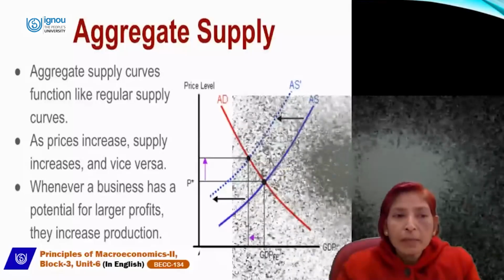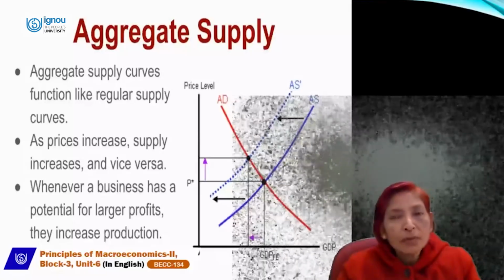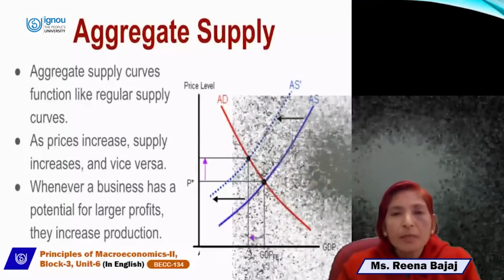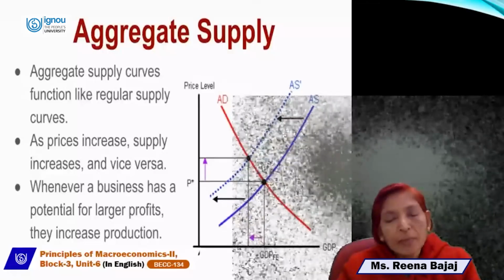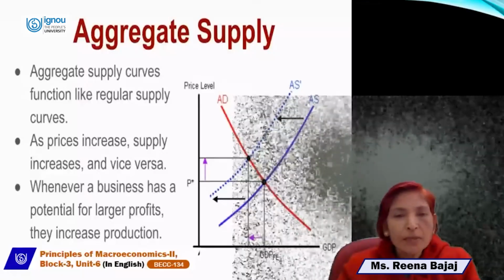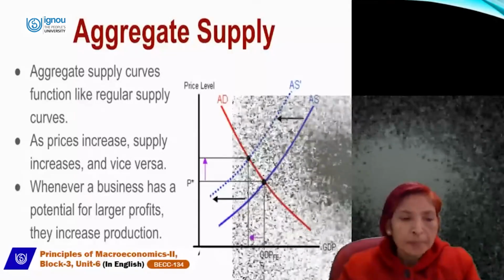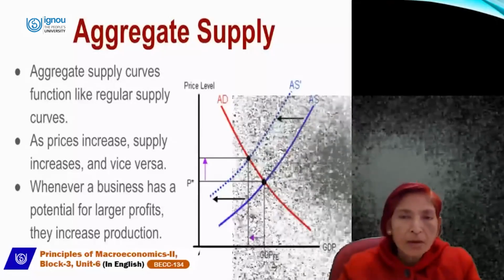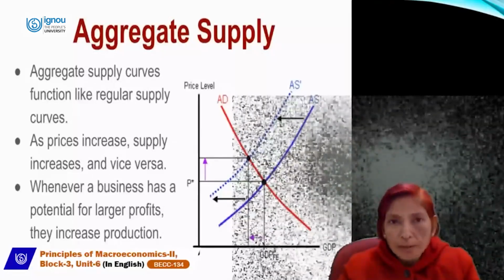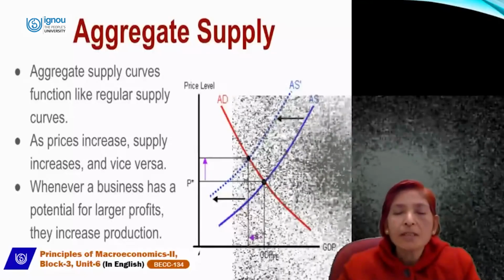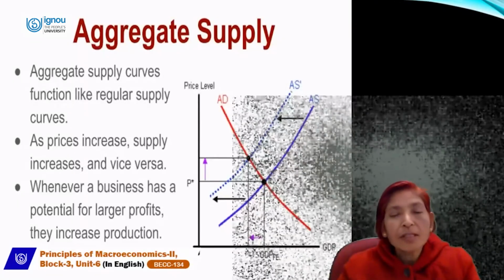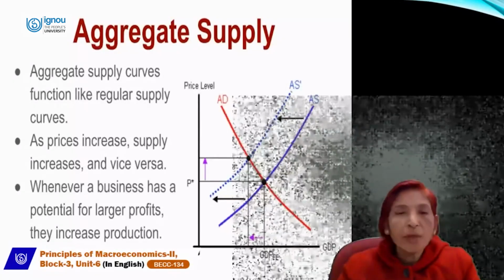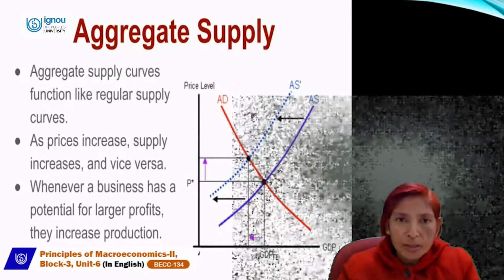So generally the aggregate supply curve shows a positive or direct relationship between price and supply. When price rises, supply rises; when price falls, supply falls. If there is any shift in aggregate supply, that is called supply shocks. If there is any shift in aggregate demand, then it will be called demand shocks.